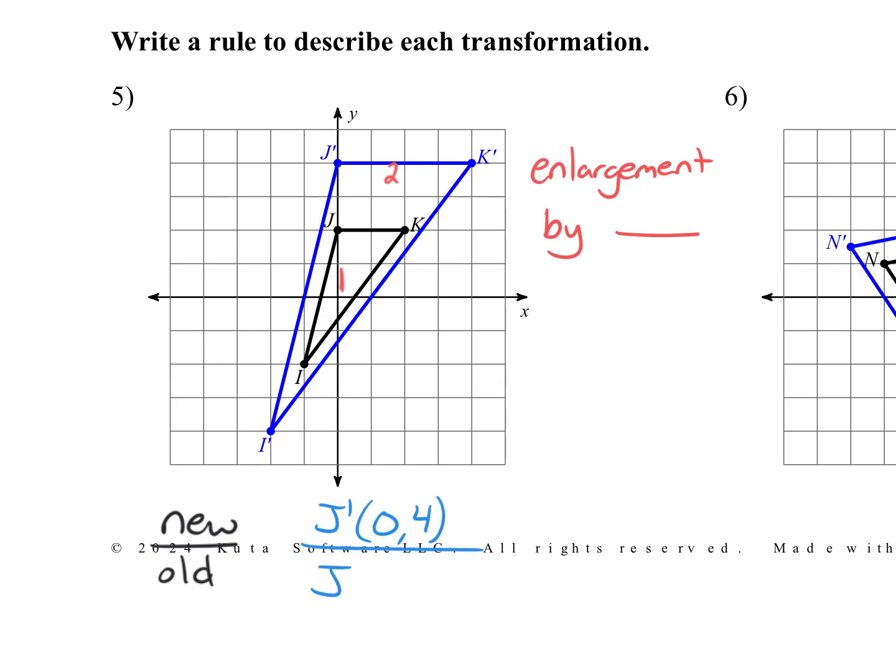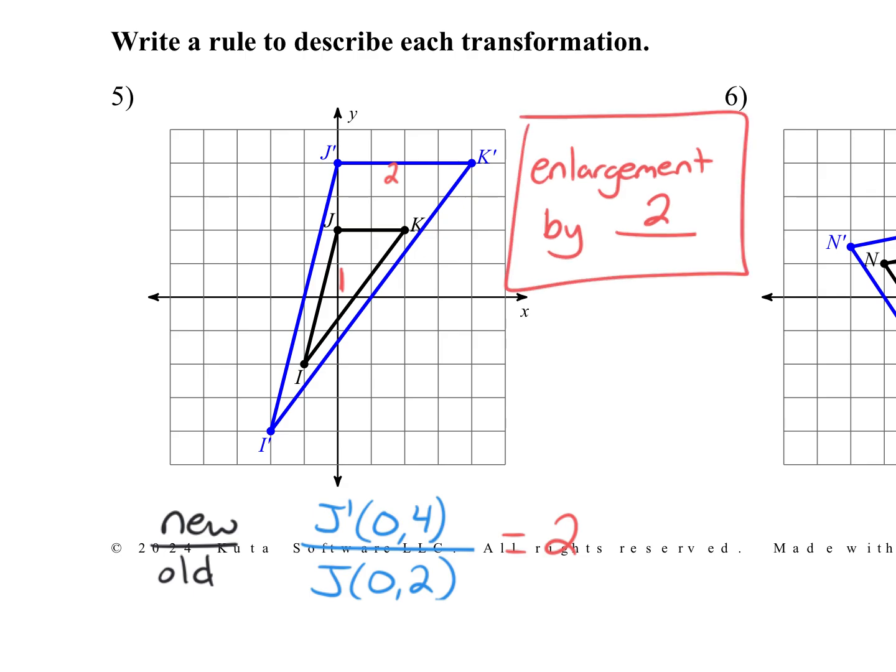What are J's coordinates? Original J. 0, 2. So we want to divide these. But notice, can I take 0 divided by 0? No, because that would give me 0. Does 0 make sense? No. So if I take 4 divided by 2, what's our scale factor? 2. So our answer is an enlargement by 2.